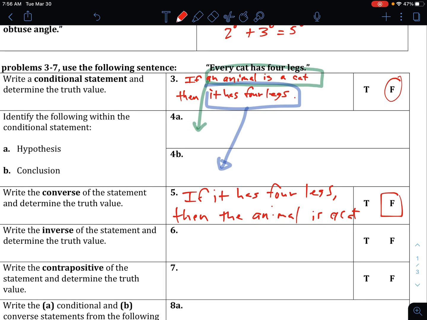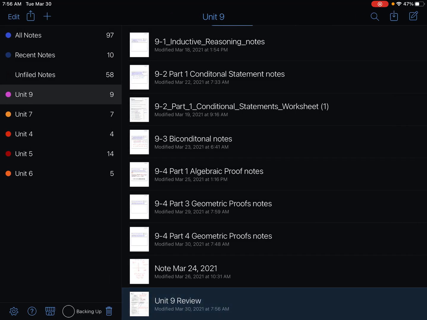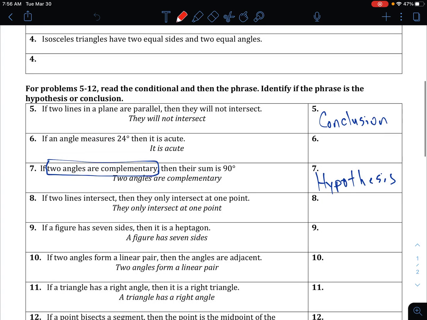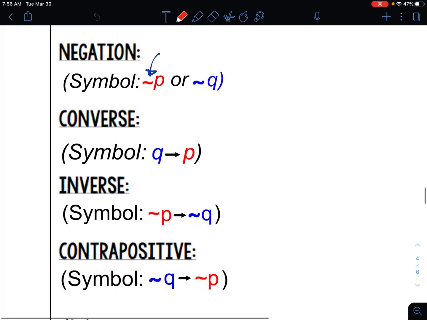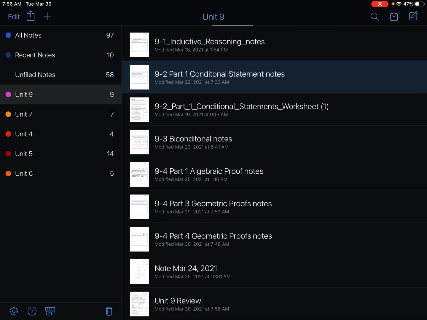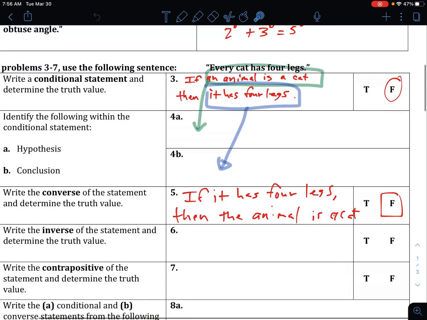Okay? Write the inverse. Oh, shoot, I don't remember what the inverse was. Well, we would go back to 9.2 notes. Oh, the inverse says, go back to the original and negate, right? That little tilde means negate. So we're going to not and not the hypothesis and conclusion.